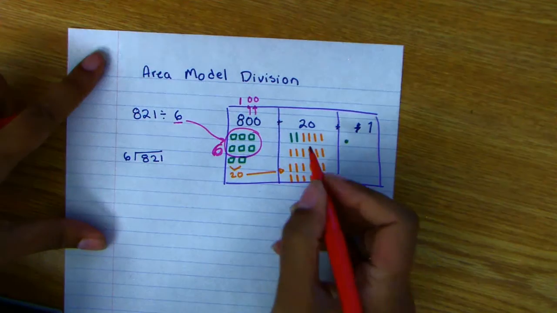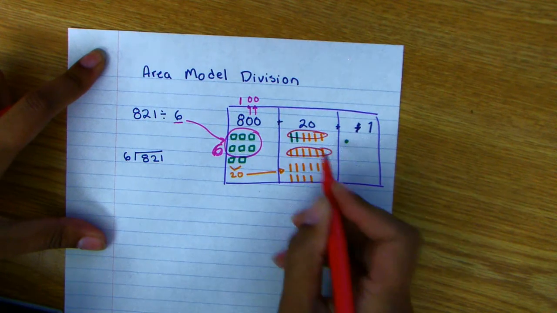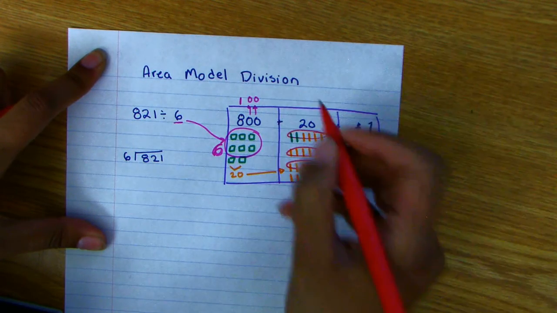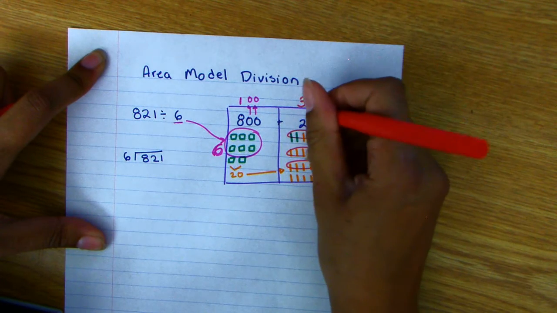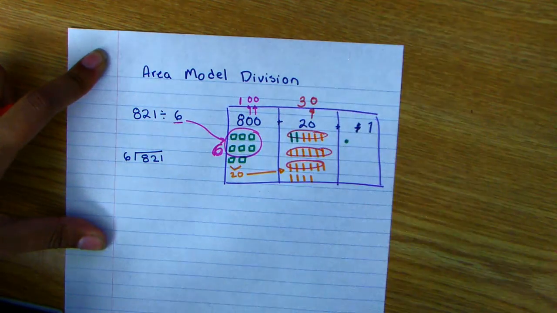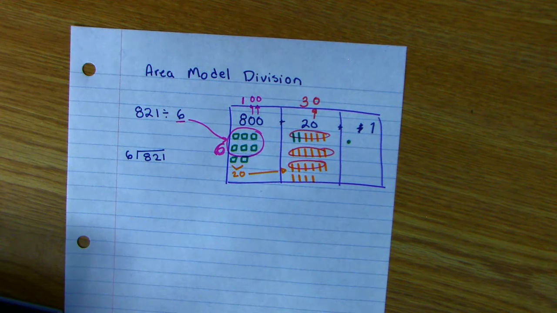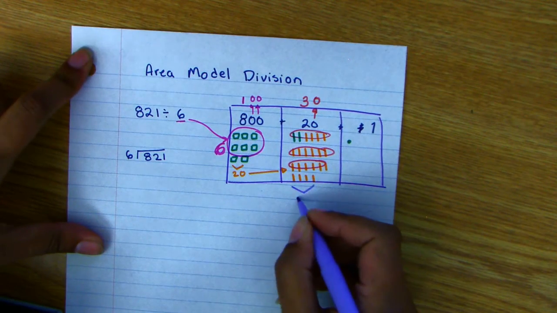So I'm looking at my 20 10s plus my 2 10s, and then I'm circling my groups of 6. I have 3 groups of 6, and then I have to bring that 0 up, because really there are 30 groups of 6, and that would be in 220.